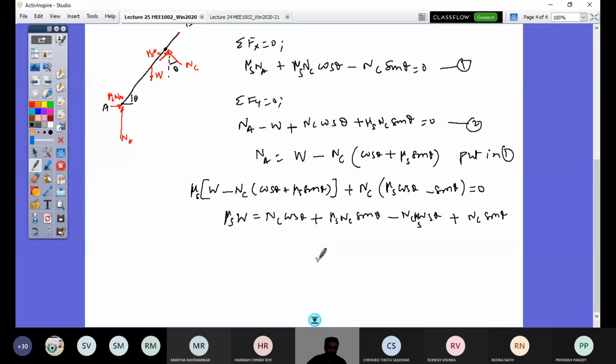Here, is there any cancellation term? Mu s NC sin theta, here NC sin theta, here it is mu s NC cos theta.